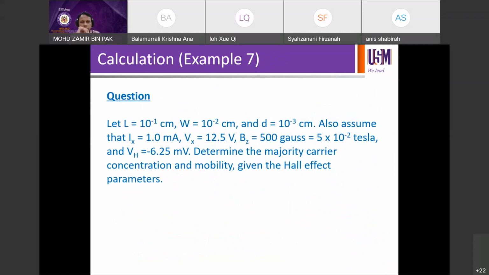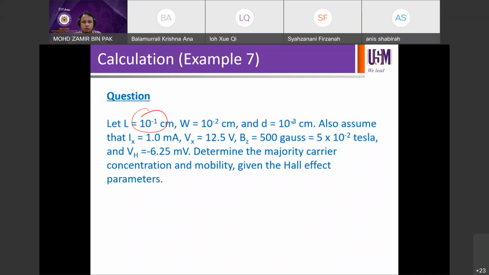So if you're working on, say, a semiconductor slab of 0.1 cm with a width of 0.01 cm and the thickness of 10 to the power of minus 3 cm, right?